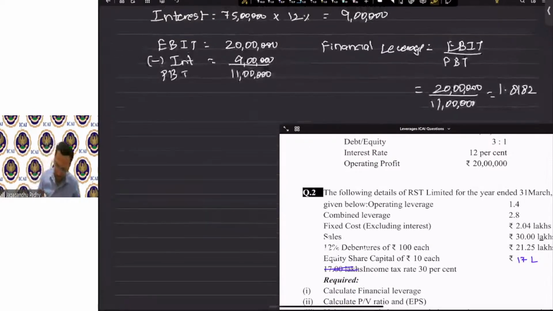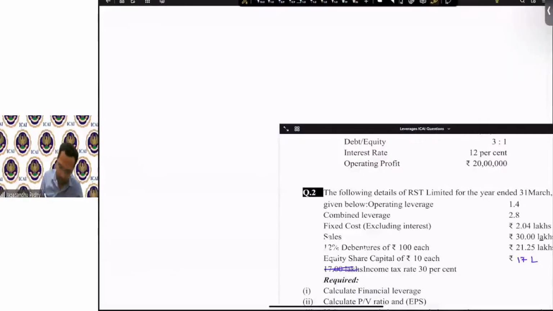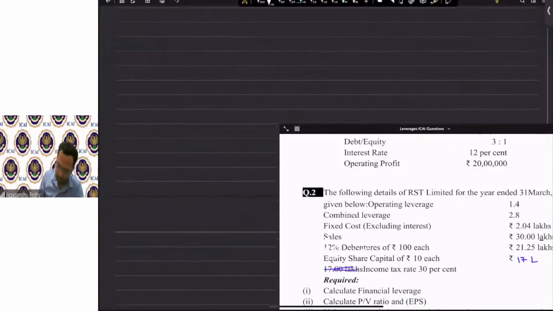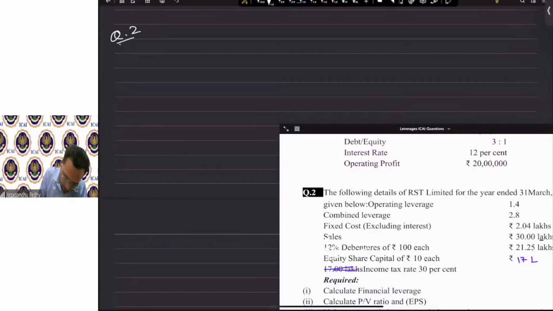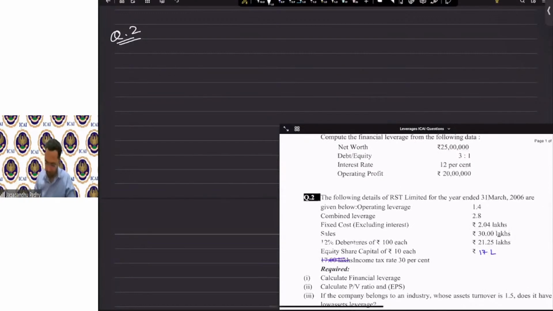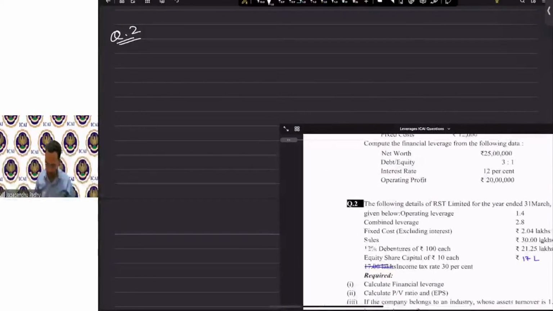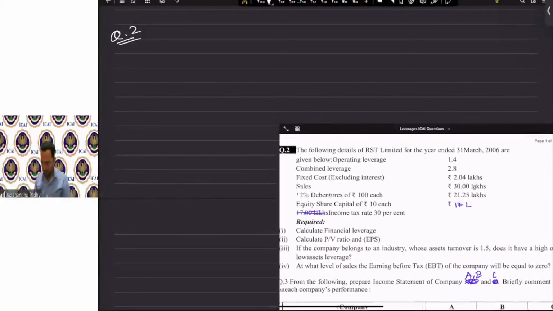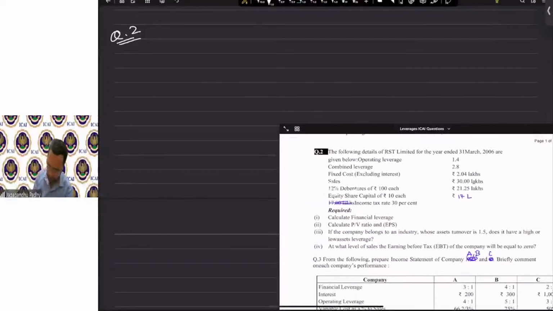Okay, let's go for question number 2 then. Following details are available for RST Limited for the year ended 31st March 2006.